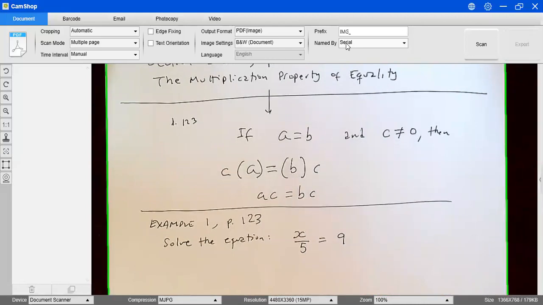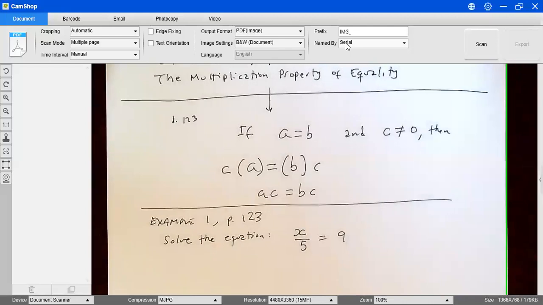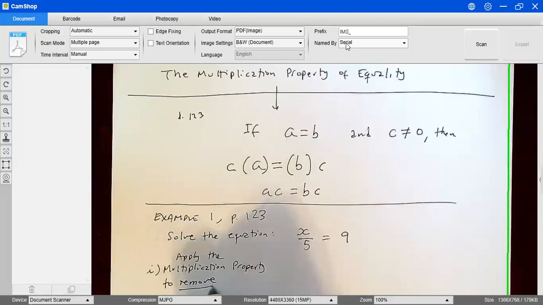So what is that case where you need to apply the multiplication property? It's when you have denominators. If you see your equation and there are denominators, don't think twice. You have to start with the multiplication property. In this case it is very useful because you're going to remove the denominator. So you're going to apply the multiplication property to remove denominators.